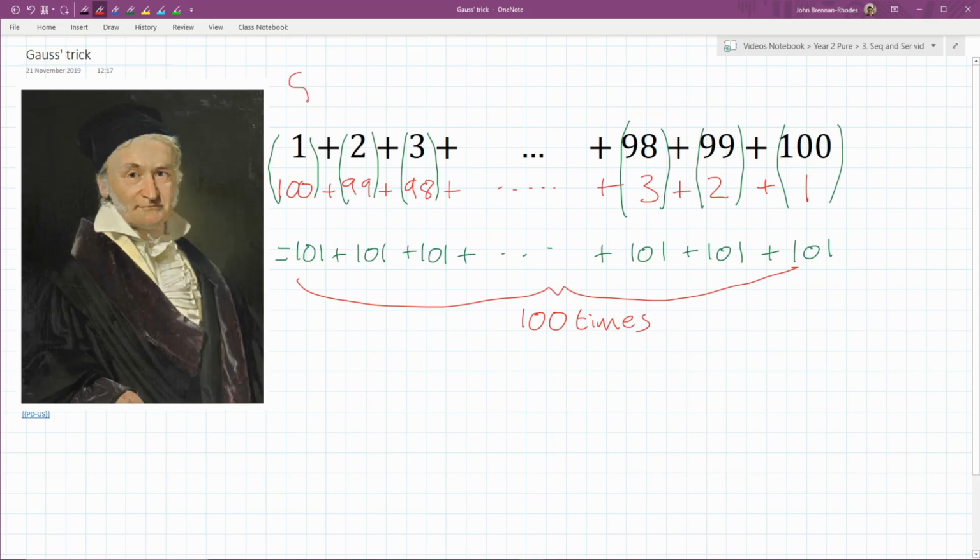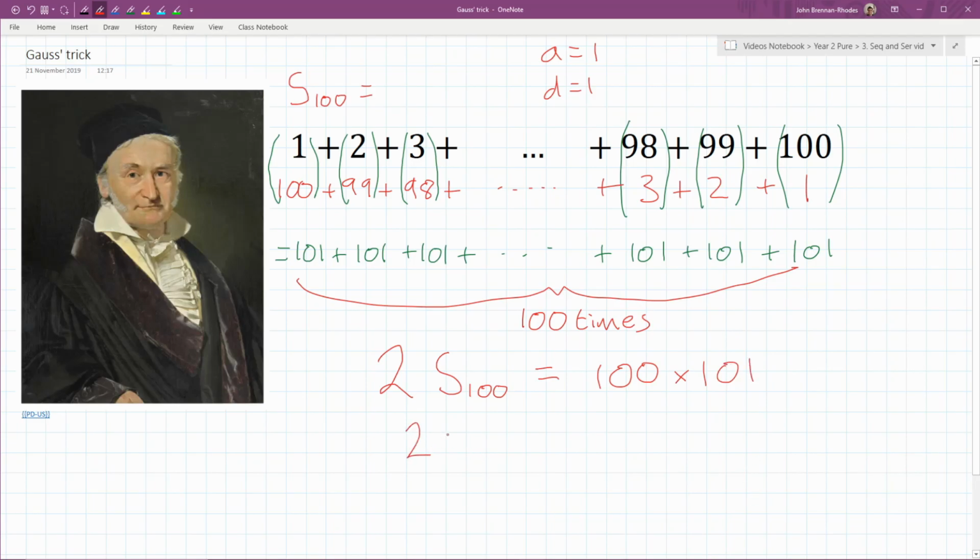So we are trying to work out the sum of the first 100 terms in a sequence where a is 1 and d is 1. This is an arithmetic sequence, and we can see that 2 times the first 100 terms added up is going to be 100 multiplied by 101.